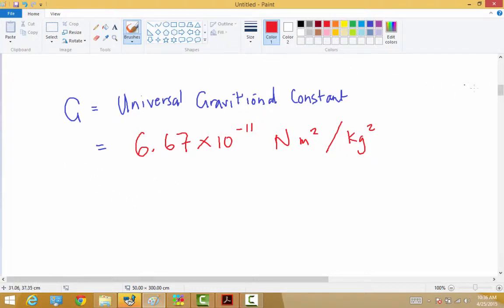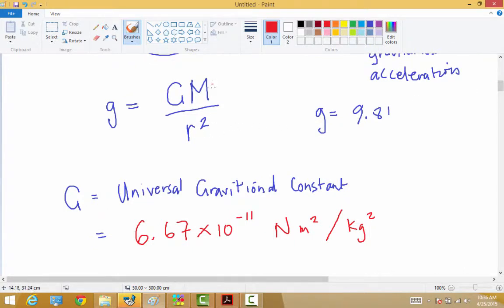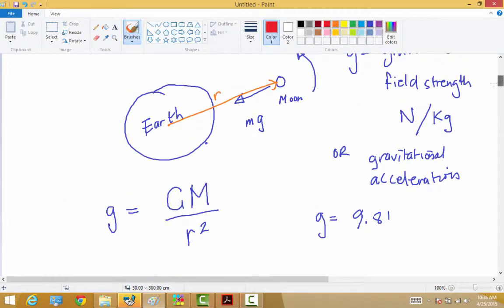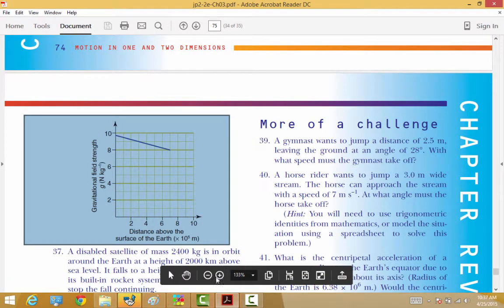Right, and to do this problem here, we need to know what the radius of the Earth and the mass of the Earth are. So we're going to determine the g close to the surface of the Earth, and we should get 9.81. The mass of the Earth we can get from our textbook, and I've got the textbook opened up.